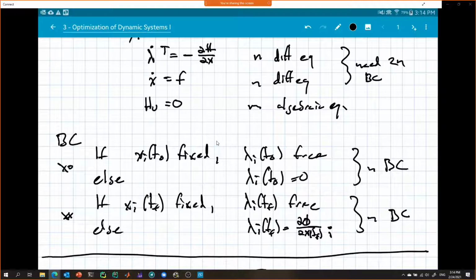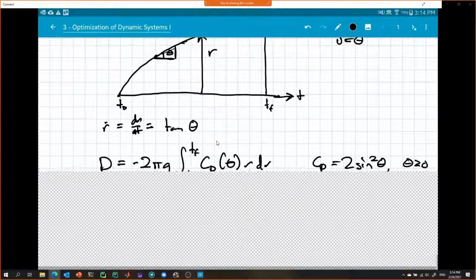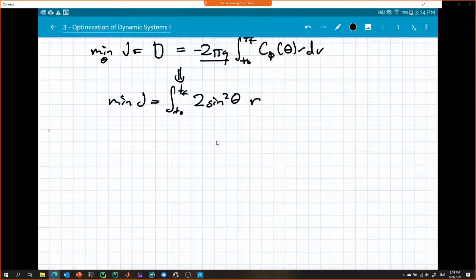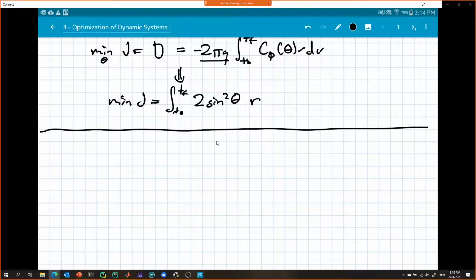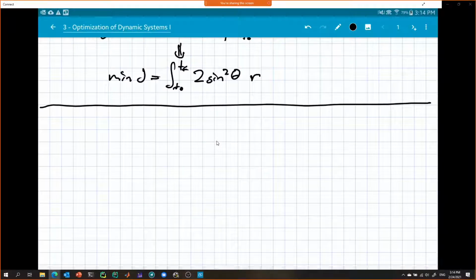So let's skip over this example. I printed out the wrong thing. But let's just do it like this.